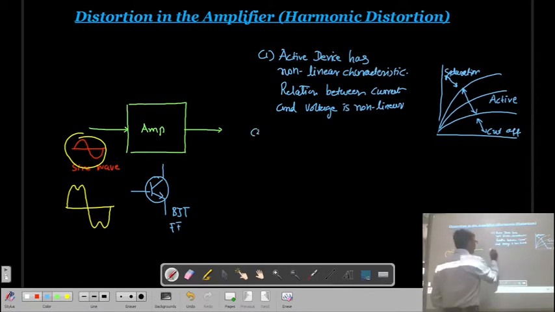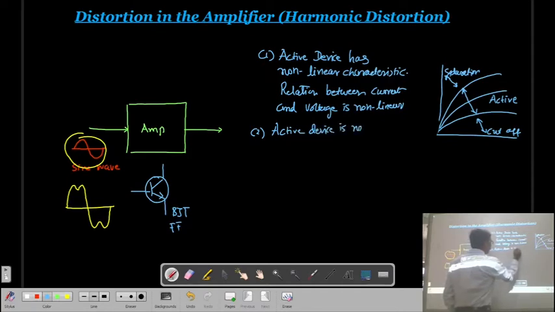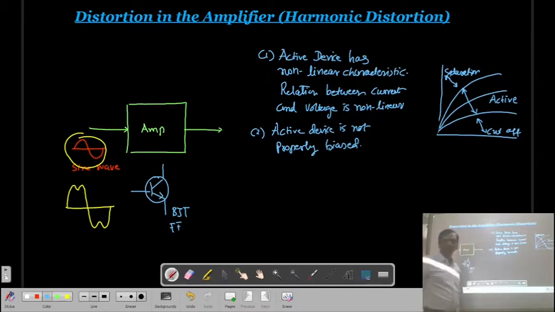And the second reason for the distortion is that the active device is not properly biased. Correct? So due to these two reasons, we can have a distortion in the amplifier.